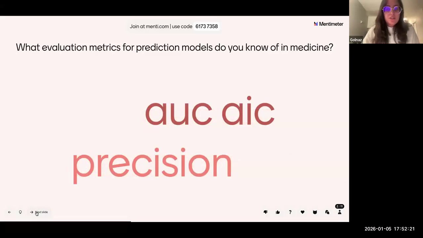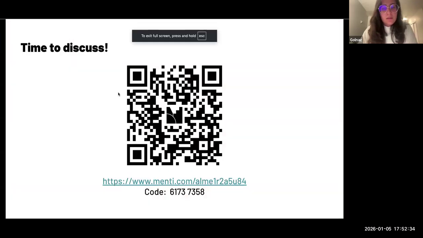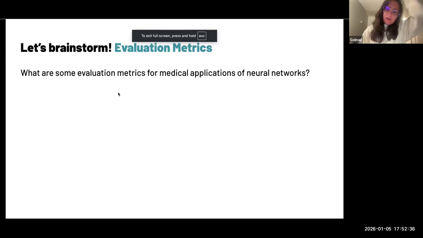Area under the curve, precision, exactly.